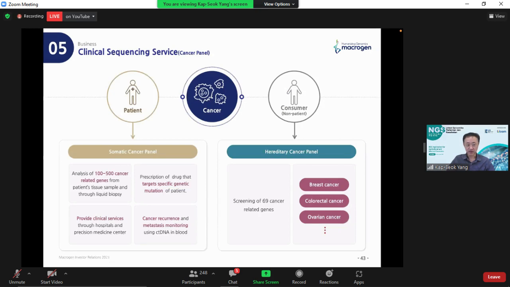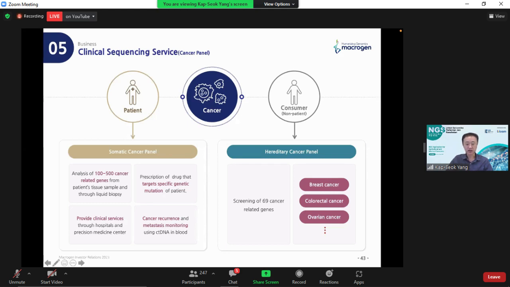That's not all. We are more dedicated to cancer genomic solutions, clinical solutions, because cancer is basically a disease of genome mutation. So we have a somatic cancer panel, which is a pan-cancer panel, selected cancer panels, and liquid biopsy cancer panels, serving many different clinical markets.